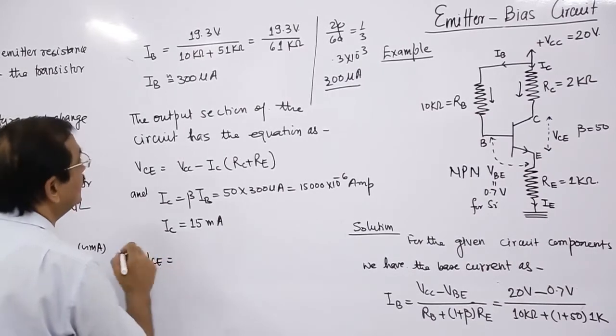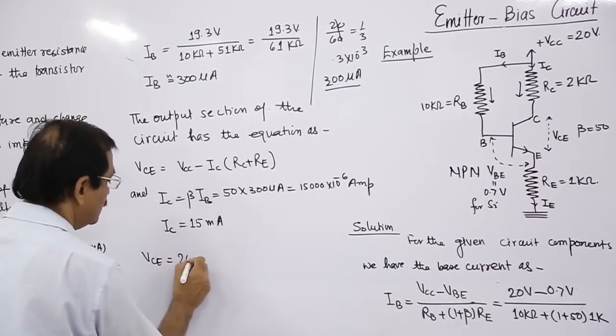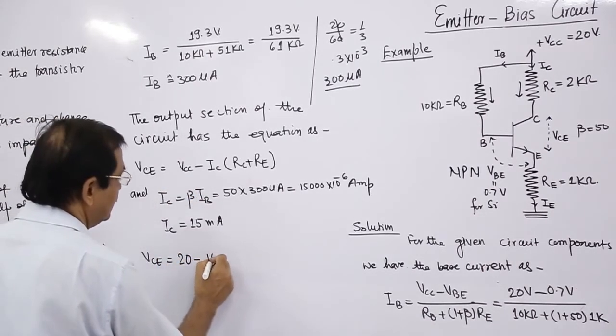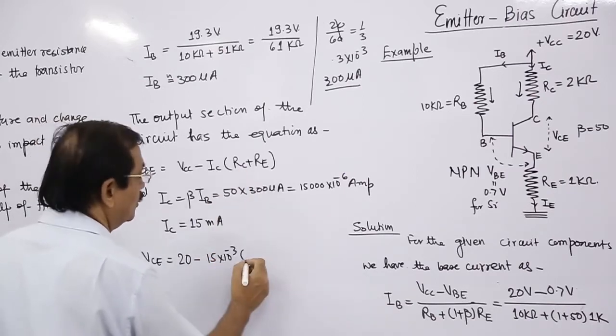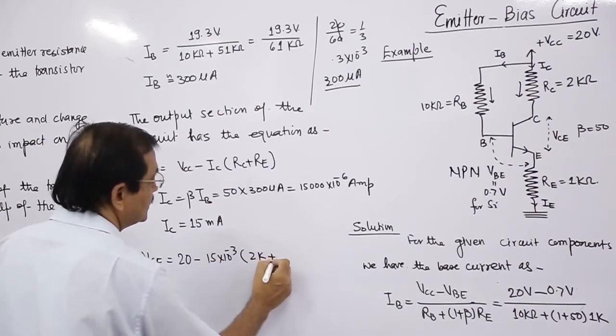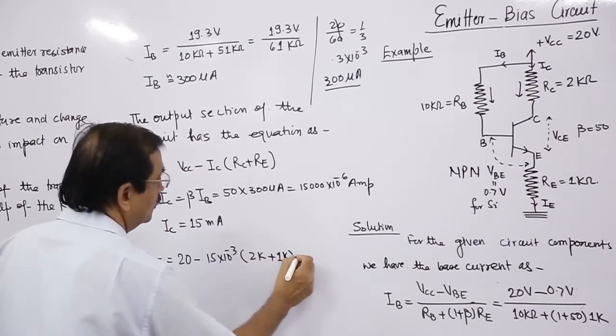So, the value of VCE is equal to 20 minus 15 into 10 to the power minus 3 into here it is 2 kilo plus 1 kilo ohm.